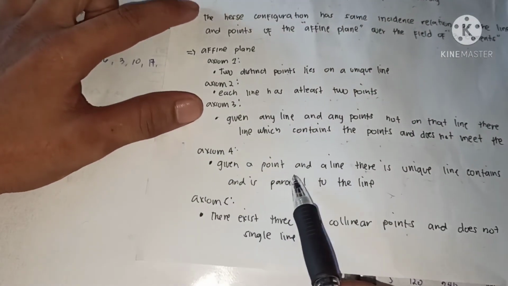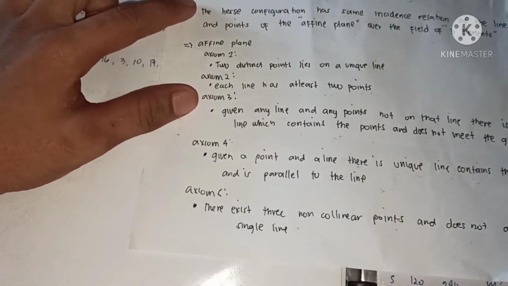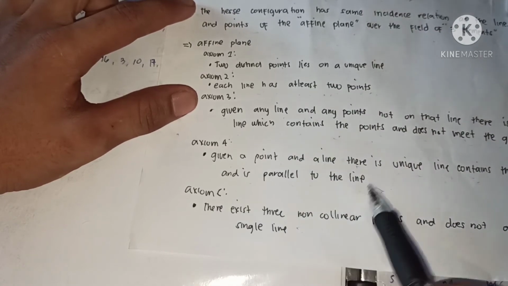And axiom 4: given a point and a line, there is a unique line that contains the point and is parallel to the line.